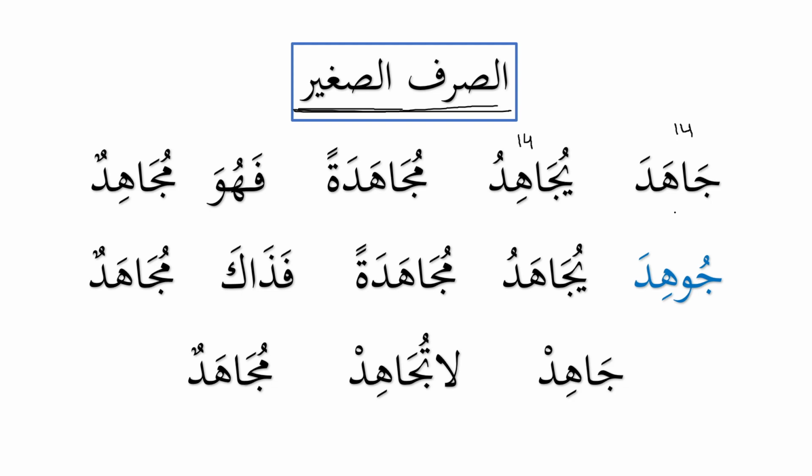And similarly, for the passive, we also have 14 forms, and similarly, for the passive of the present tense, we also have 14 forms. But when we talk about as-sarf as-saghir, that means we only focus on the past tense and the present tense, ismul fa'il and ismul maf'ul, and also we focus on the masdar.